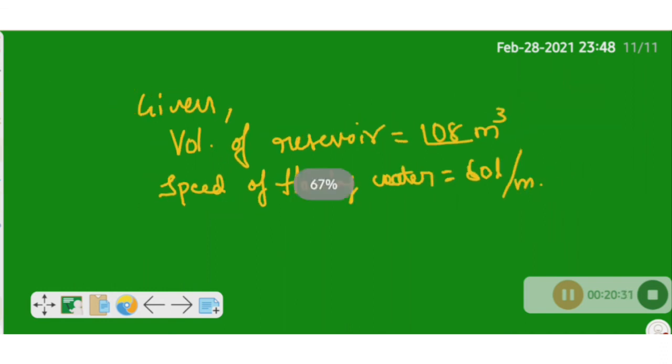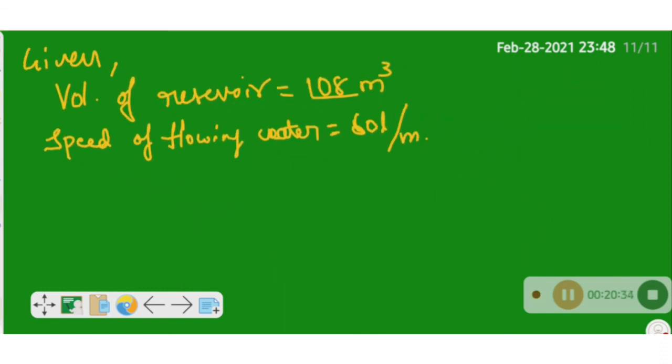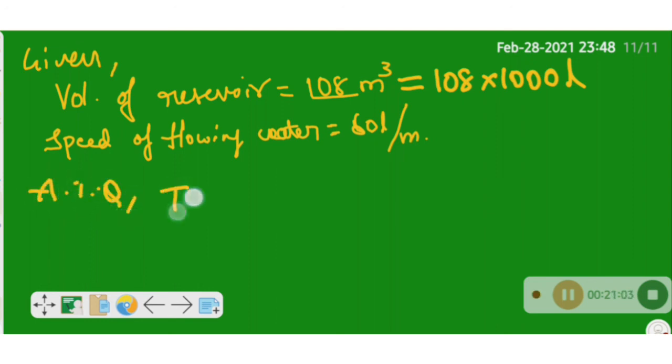So here what we are going to do is convert that meter cube into liters so that both the units become equal. So here 108 meter cube, I can write 108 into 1000 liters. Why? 1 meter cube is 1000 liters, so 108 meter cube is going to be 108 into 1000 liters, fine. So now we have to find the time taken to fill the reservoir.